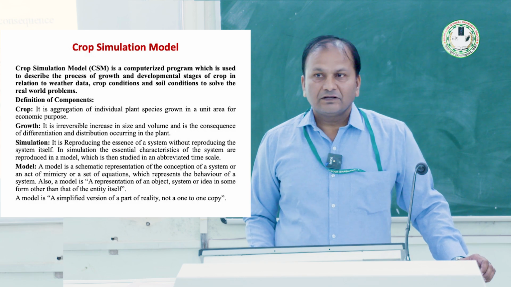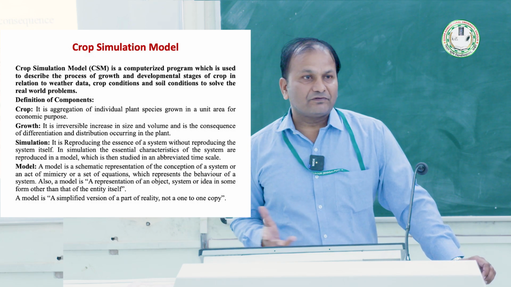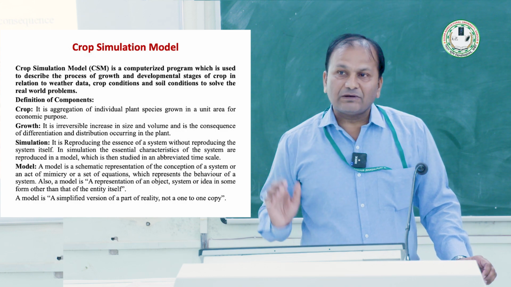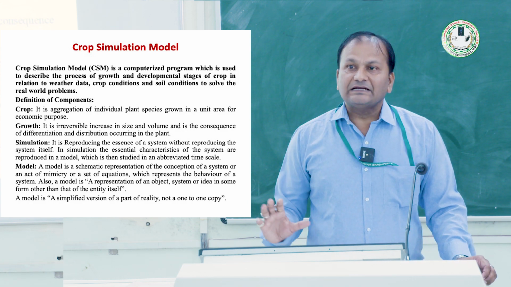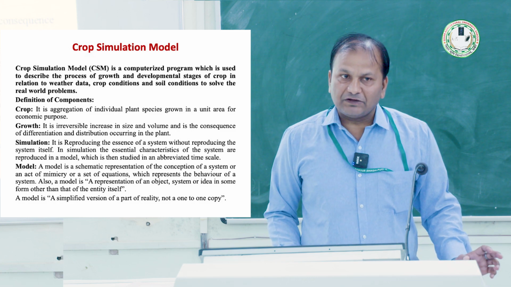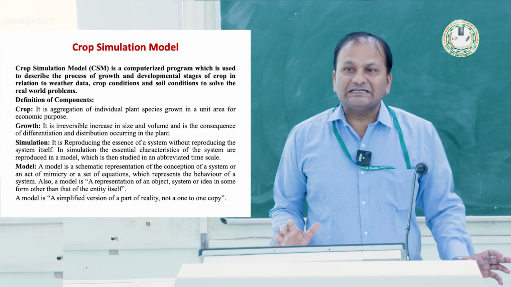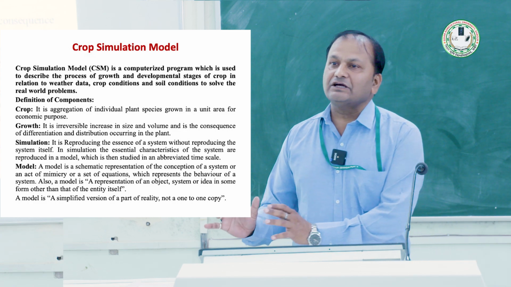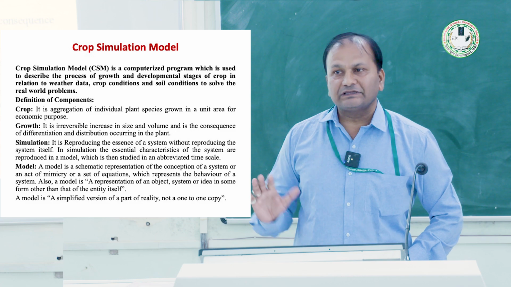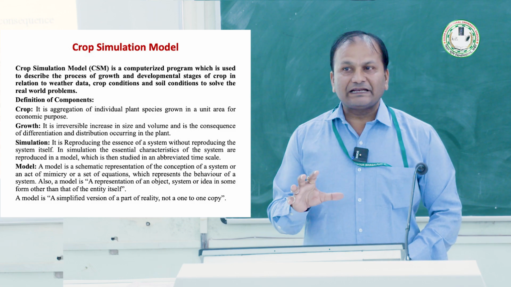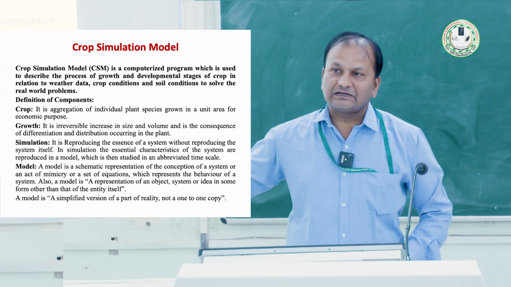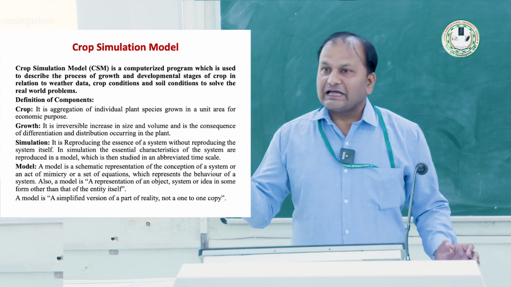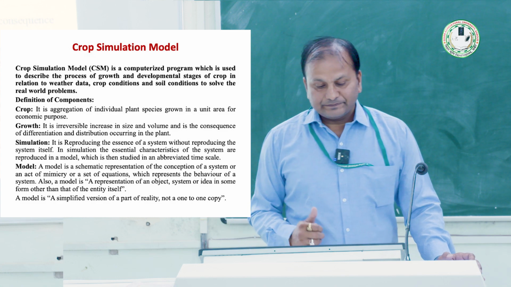Wind velocity may be very high, soil moisture may be very low, and insect population or disease attack may be more. These all affect the crop growth and then yield. So we create such situations to see what the yield will be.